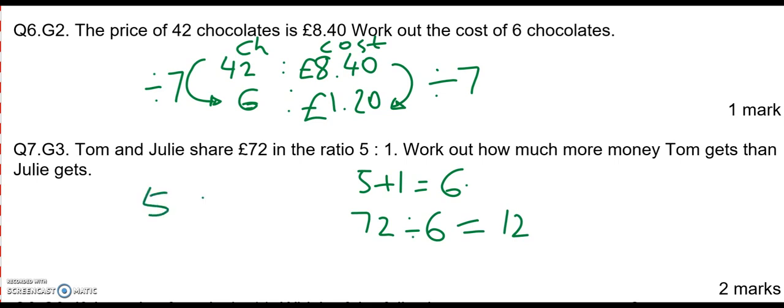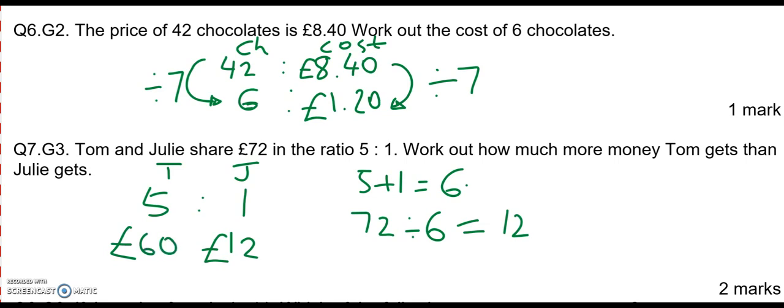So in this ratio 5:1, which 5 represents the amount Tom gets and 1 the amount that Julie gets, this one is equal to £12. What about the 5? So that would be 5 lots of 12. So 12 times 5 gives us 60.